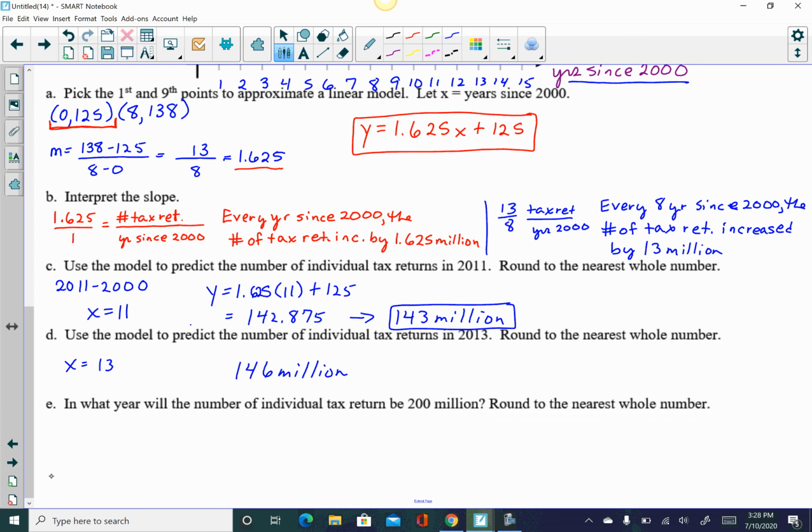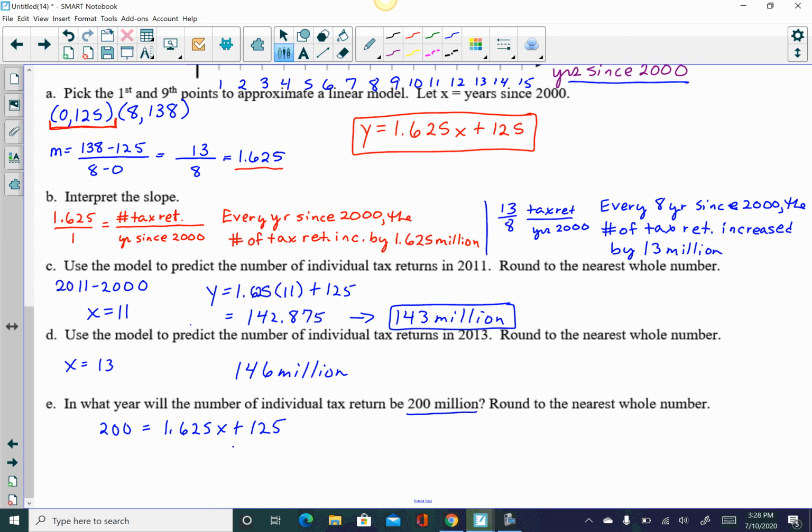Then in letter E, they want to know in what year will the number of tax returns be 200 million. So now, they're telling us the number of tax returns is 200 million. You don't need to put in all those zeros because remember it's already in terms of millions. So you're just going to put in 200 for your y and solve for x. 1.625x plus 125.